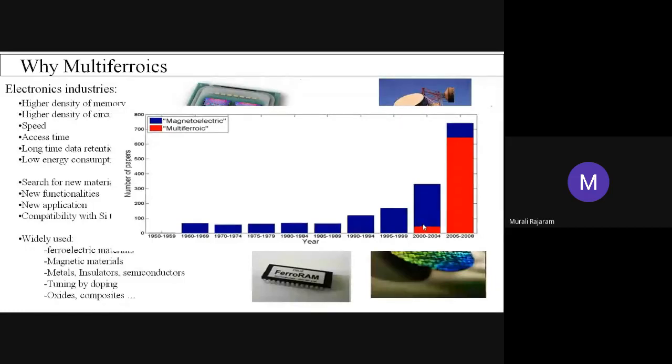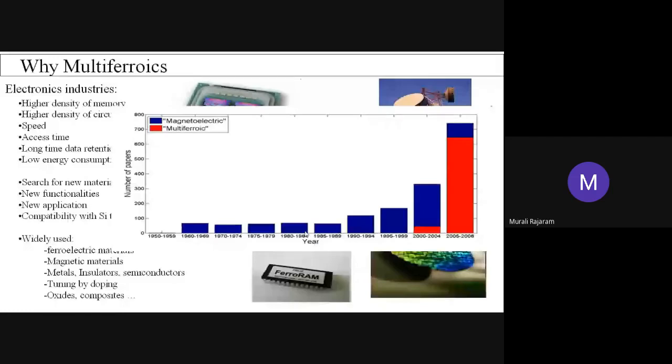Before that, it was called magnetoelectric or ferroelectromagnet. That's why the magnetoelectric keyword was used before 2000, and then the multiferroic field started blooming from 2000 or 1995. I'll tell you some of the reasons why it started from 2000.